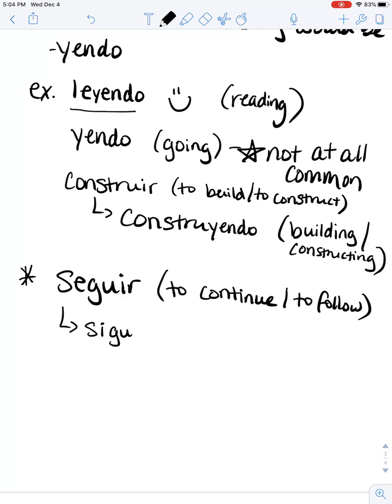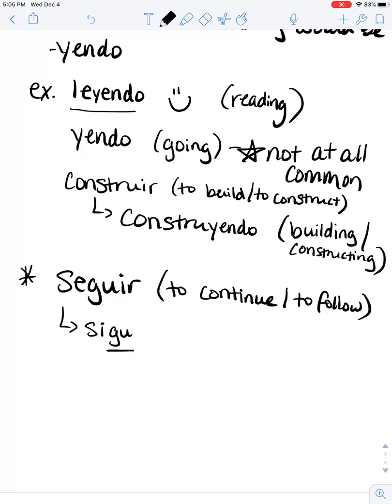But here's the exception. In Spanish, the GU works very similar to the English QU. In English, we know that we always pair Q and U together and it makes one sound, as in queen or quick or quiet.